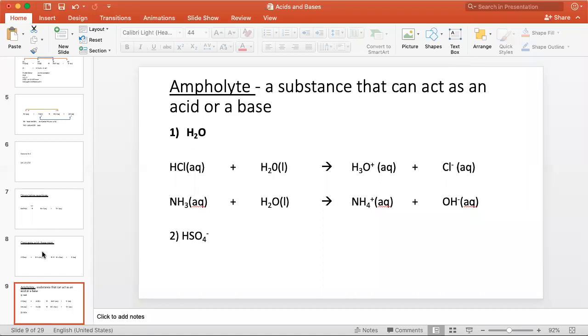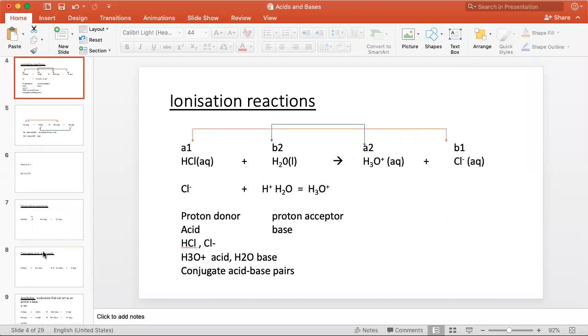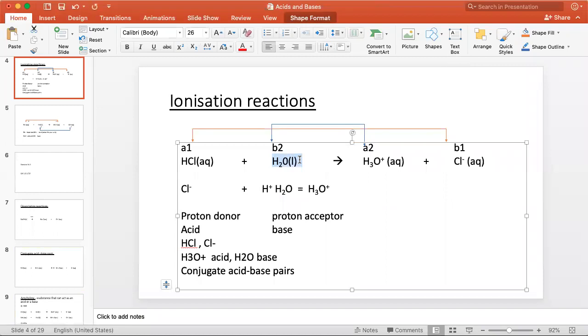Right, so if we look at the answer for that, which we may have done yesterday, if you look at the HCl plus H2O, we're just focusing on the H2O now, right? In this case, if you look at HCl plus H2O, the H2O acts as a base.